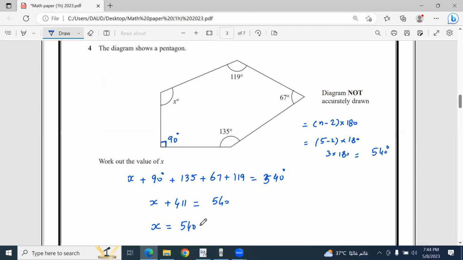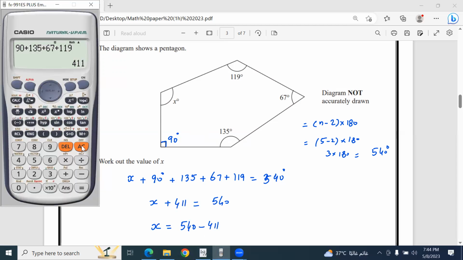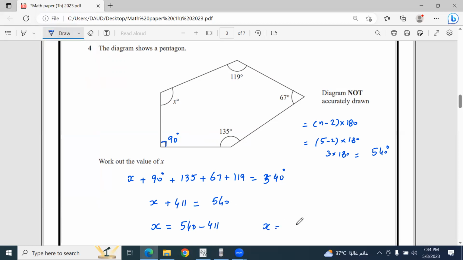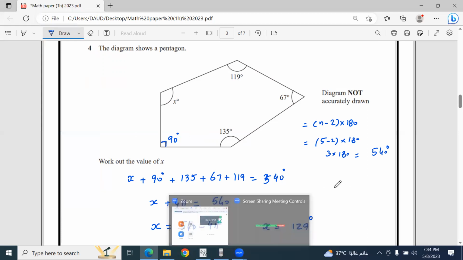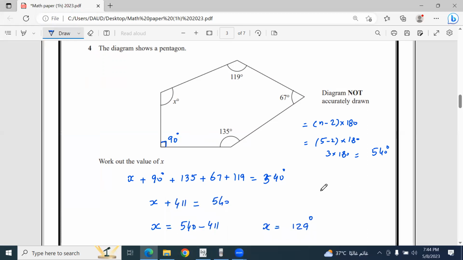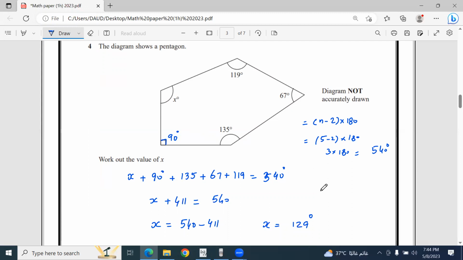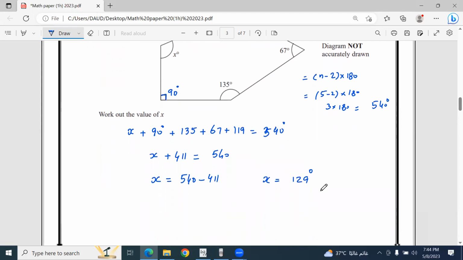So 540 minus 411 is equal to 129 degrees. So we find the angle, which is x equals 129. I hope you understand. We move on to the next question.